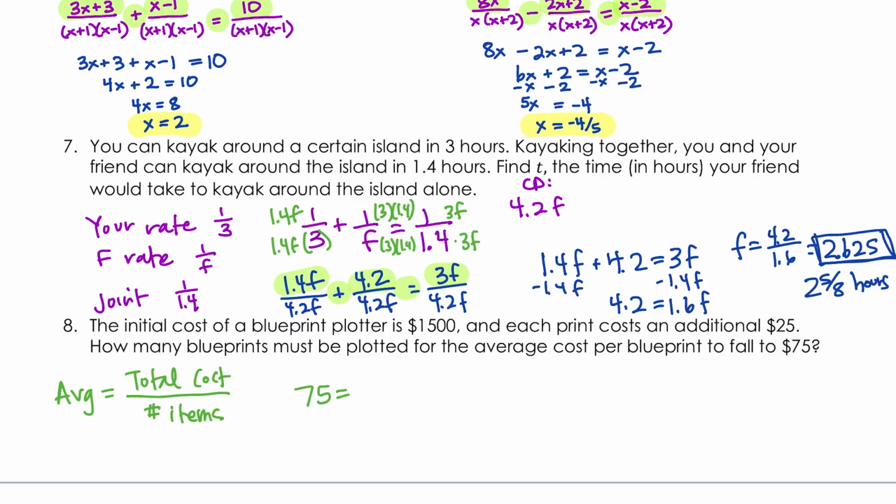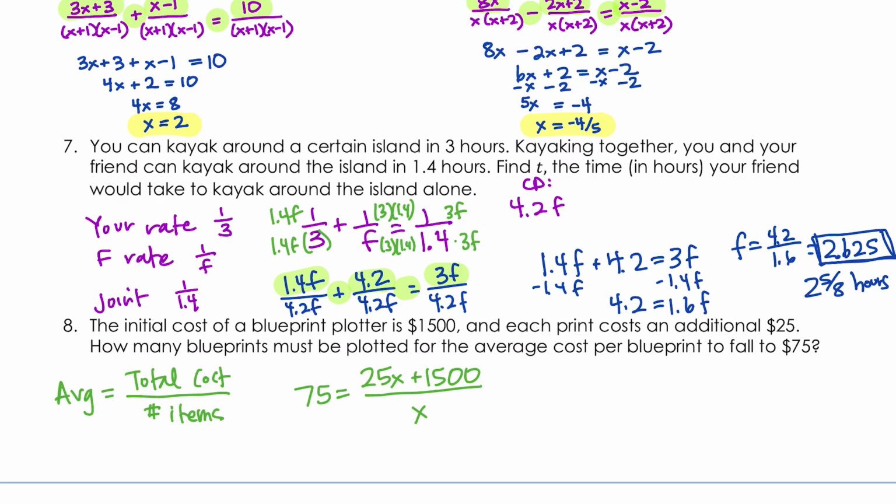Our total cost is going to be the $1,500 plus 25 for each blueprint, so 25X plus 1,500. And we're dividing by the number of prints, so we divide by X. So that's our average cost function there.